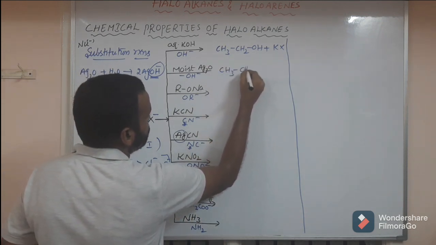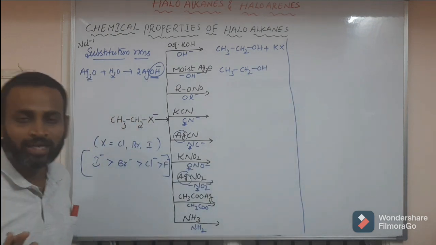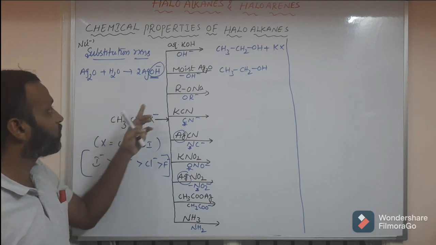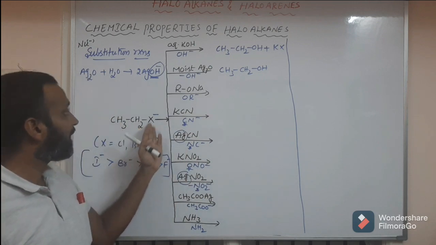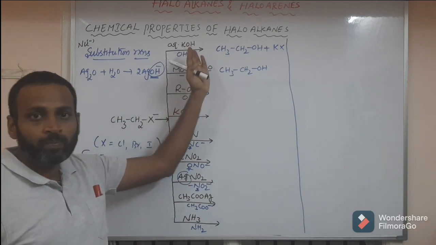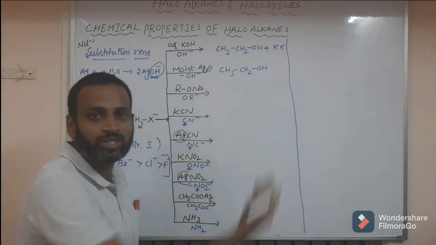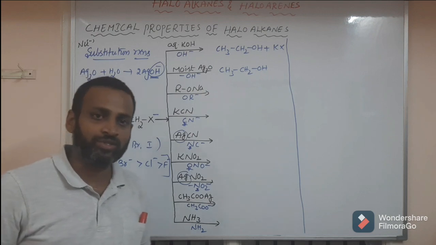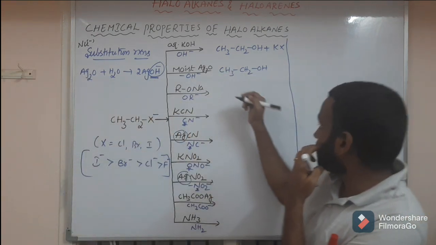CH3CH2OH only, alcohol. So my conclusion here is: when you are using this moist Ag2O or else aqueous KOH, then alkyl halides turn to what? Alcohols. So this is one of the preparations of alcohol. In the alcohols chapter we have preparations, so there we have no need to learn separately.